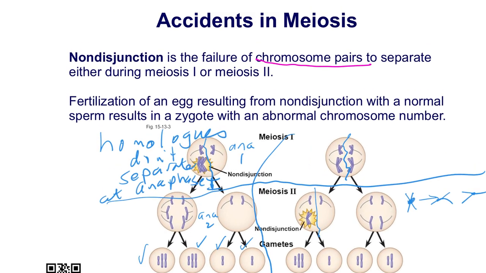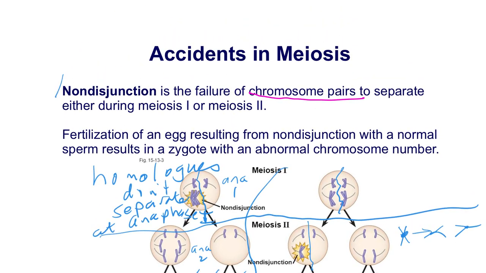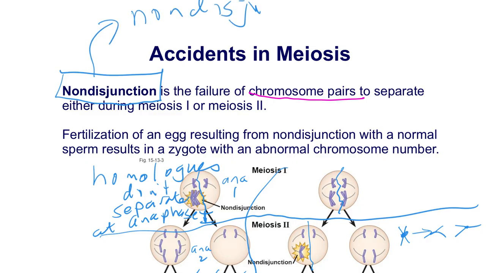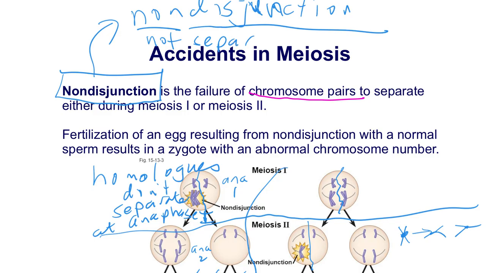I forgot to mention that the sticking of chromosomes during meiosis, either during anaphase 1 or anaphase 2, is called non-disjunction. Disjunction means separation, so non-disjunction means non-separation.